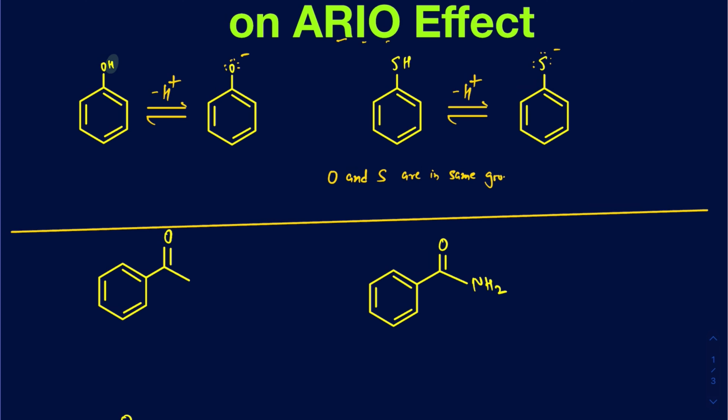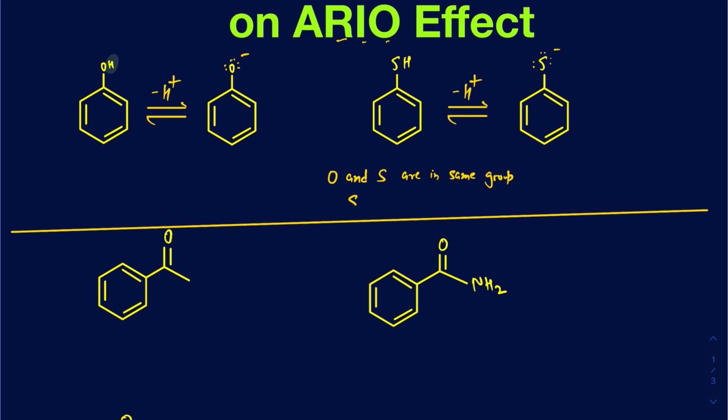When they are in the same group, the size matters. Whichever is bigger in size will be able to handle the negative charge better. It's because they have better polarization: having too many electrons on a very small surface area is not very stable, but if you have a bigger surface area with a bunch of electrons on it, that bigger surface area is more able to handle those electrons.